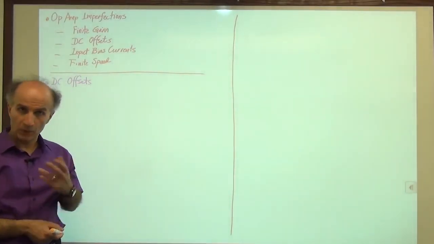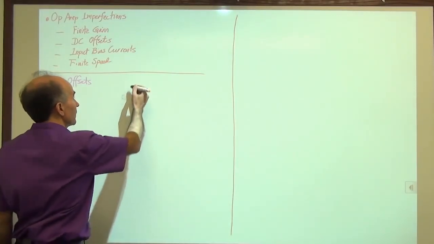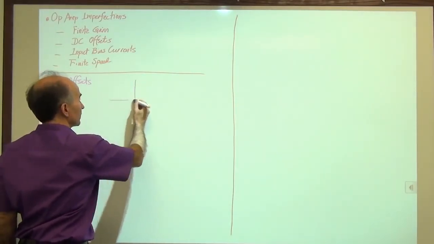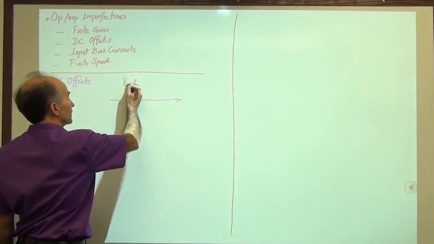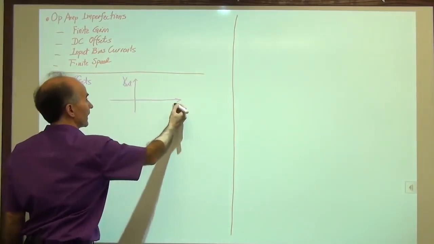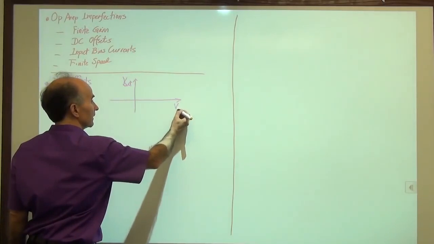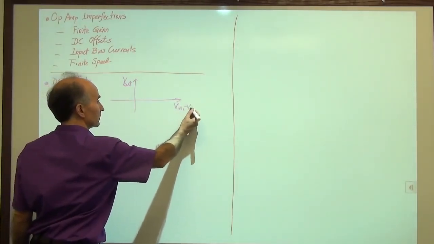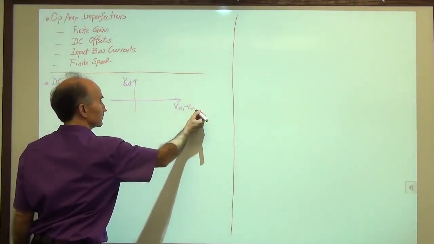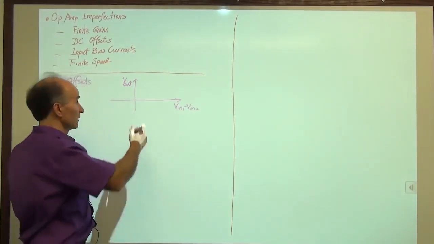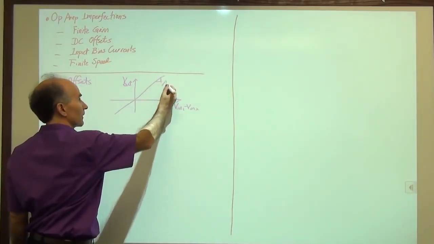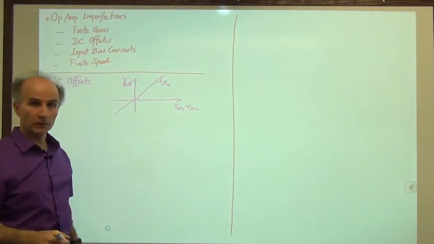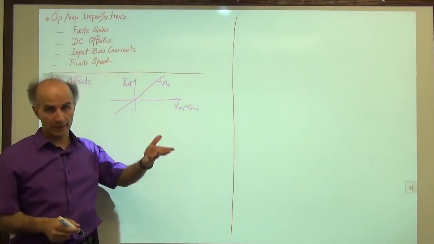And this is what we mean. If we go and plot the input-output characteristic of an op-amp, versus Vin1 minus Vin2, in the ideal case, this is what we have. Remember? We said the output is equal to (Vin1 minus Vin2) times A0.